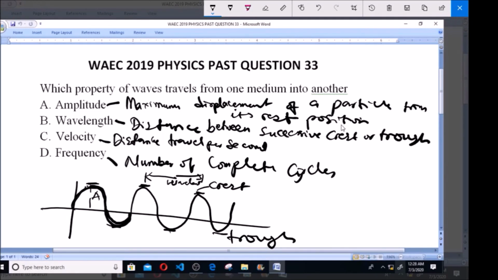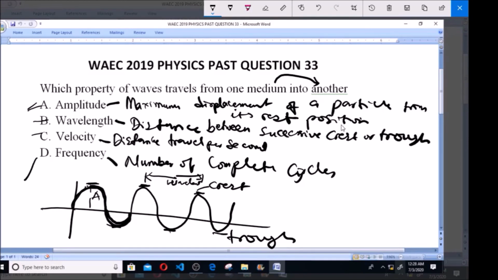So now we can say that frequency never changes. However, other properties of the wave such as wavelength, velocity and amplitude can easily change. So you can actually have this amplitude changing when you're moving from one medium to the other. You can also change the velocity and the wavelength.